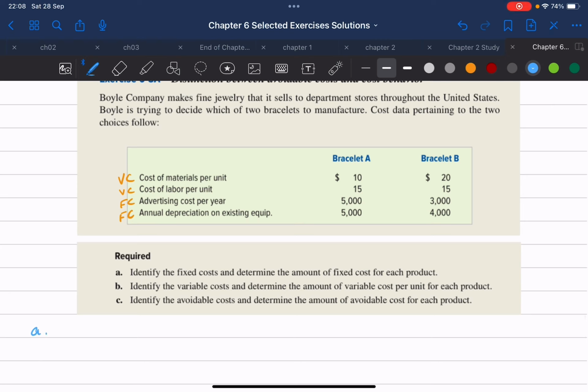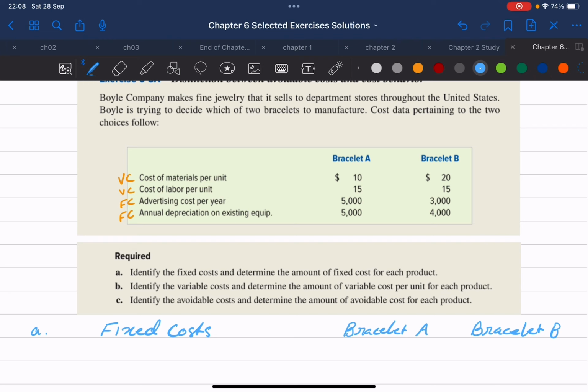we're going to create a small table here with fixed costs, and then for bracelet A and bracelet B. The first fixed cost is the advertising cost per year.